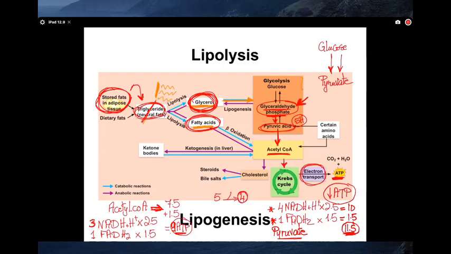From a triglyceride, what do you think? From a triglyceride, how many ATPs?